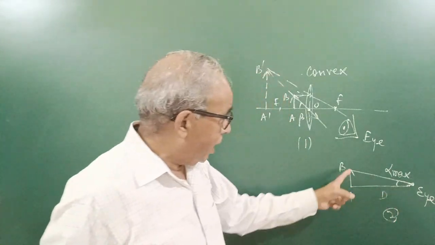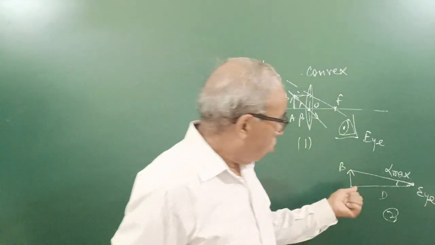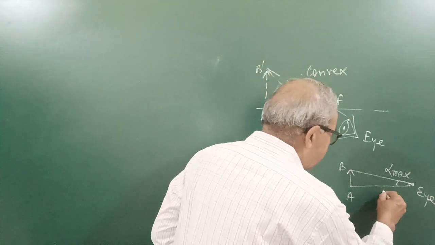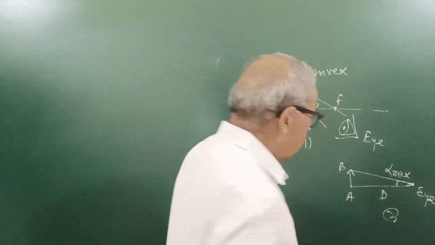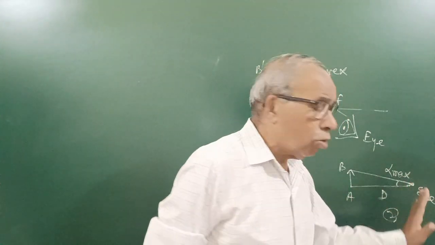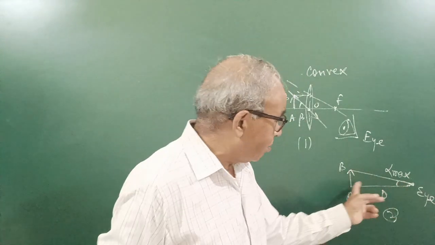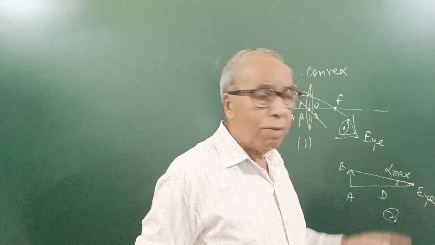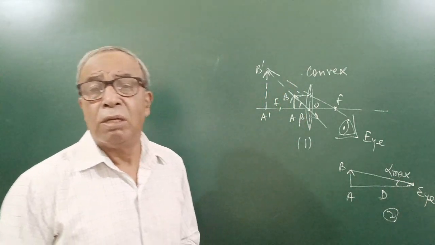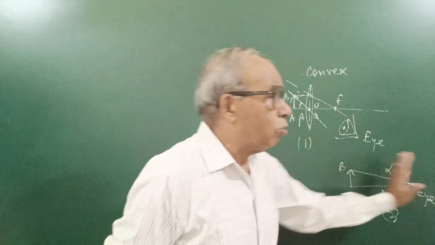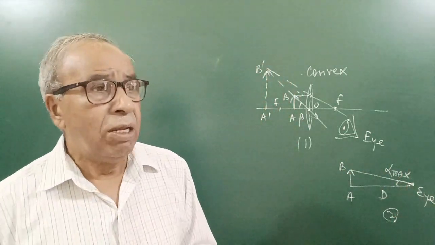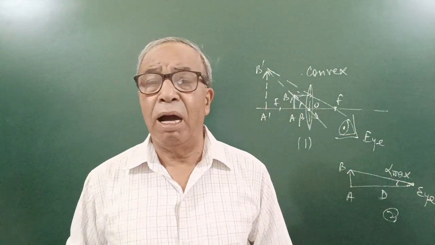In this figure, the object AB is placed before the naked eye at distance D, and we can't bring it closer than this. This is the angle subtended by object AB on the eye, which I will mark as alpha maximum. We can't make it more than this because then the object will not be clearly visible.